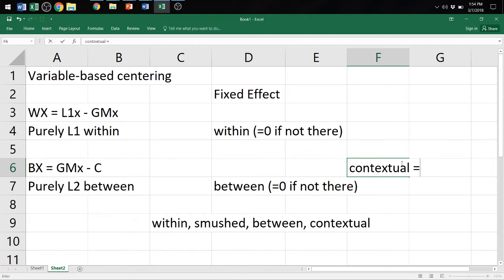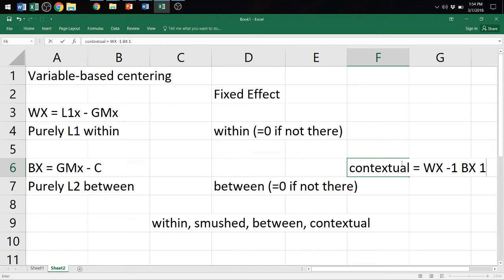How do I get it? An estimate statement, you've got to ask for it. You remember? Between minus within, yep. So if you were writing your estimate statement, it would look like that.